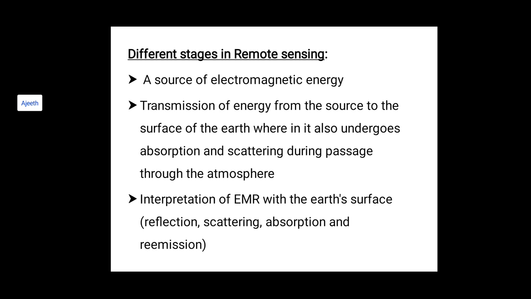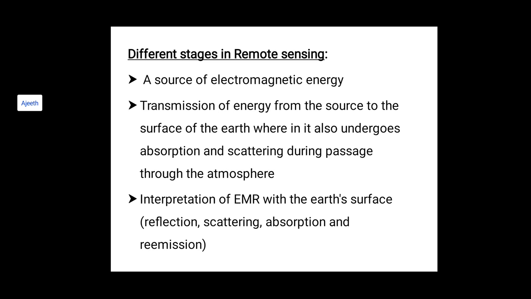So what are the different stages of remote sensing? As you can see over here, a source of electromagnetic energy. Basically how it works, just think of it as you are throwing a ball on the land and it comes back, it pitches back, right?